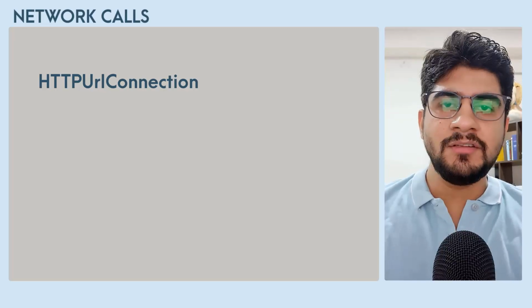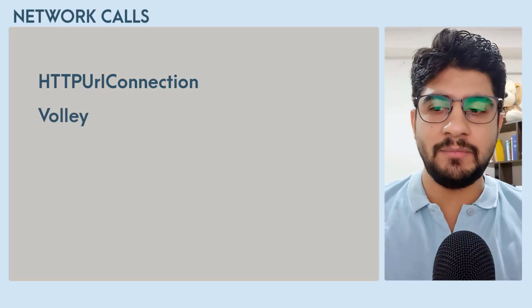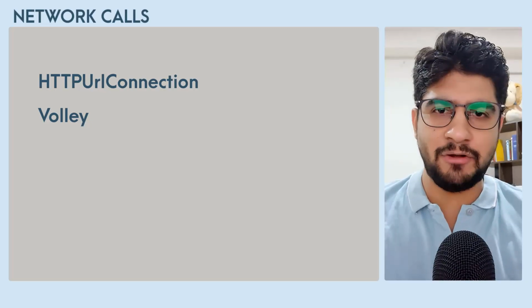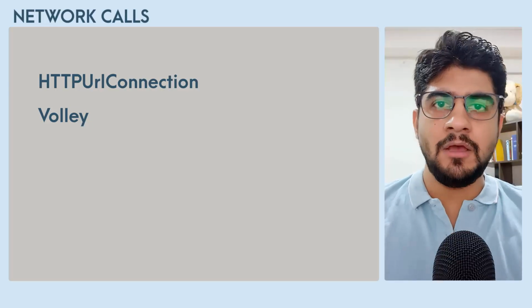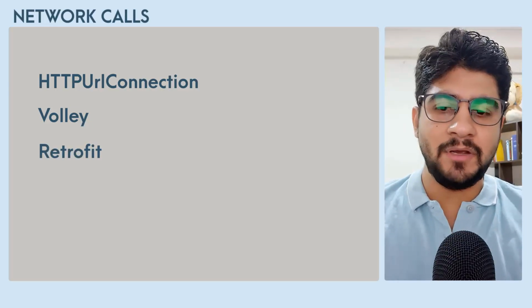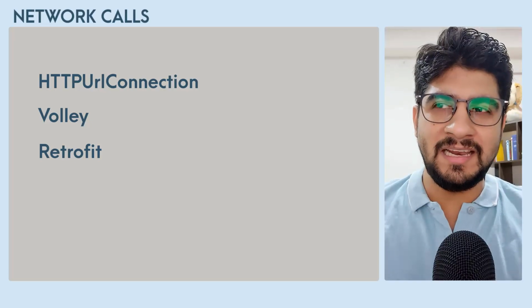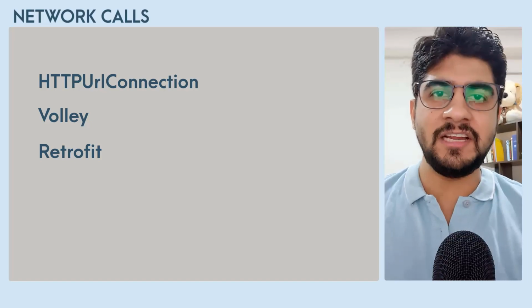Some years back, Volley was the library that was much talked about among Android developers, also referred to in the official Android documentation. But now Retrofit has taken its place because of its lesser boilerplate code and its clean structure.